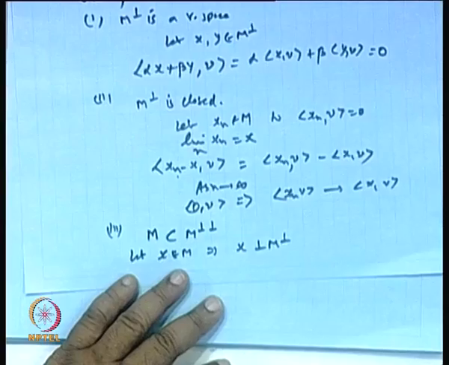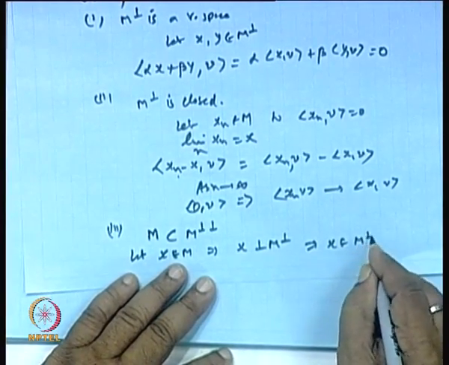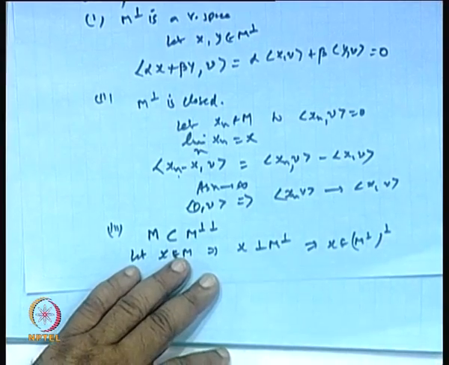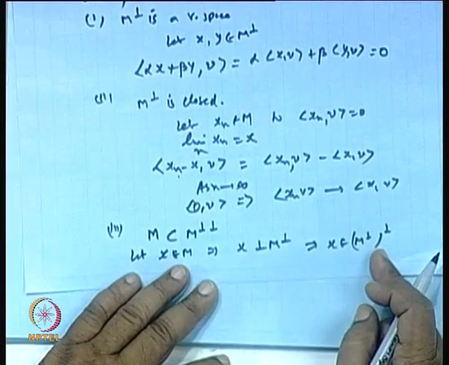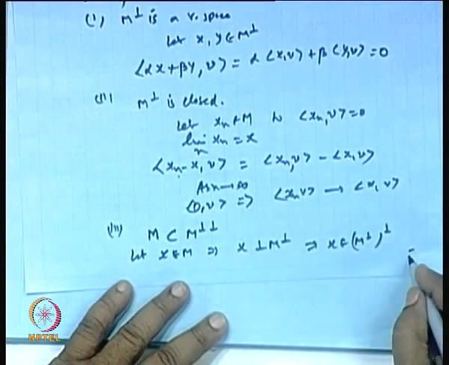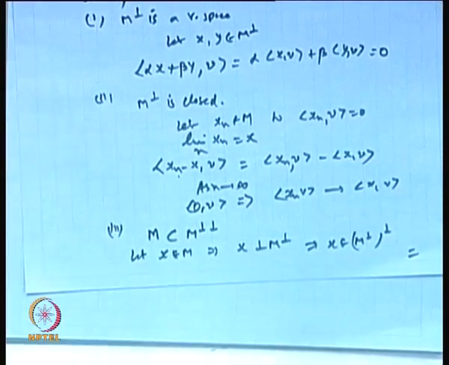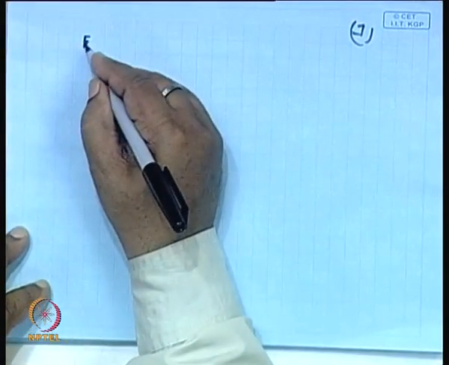If x is orthogonal to M perpendicular, then it must be a point of the orthogonal complement of it, that is, x belongs to M perpendicular perpendicular. So, that is why it is a subset. These are exercises you can note, and we will do them if they do not come, but this is interesting.